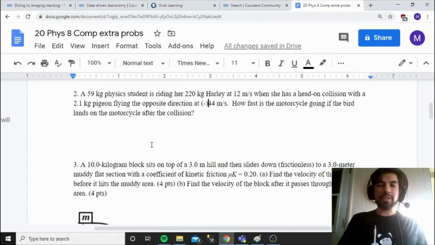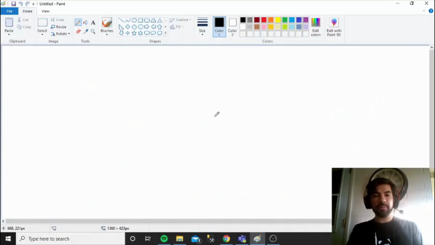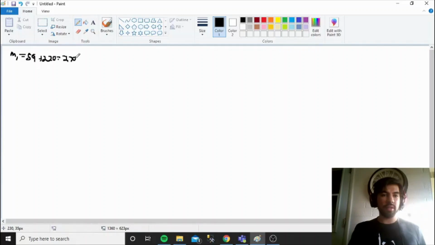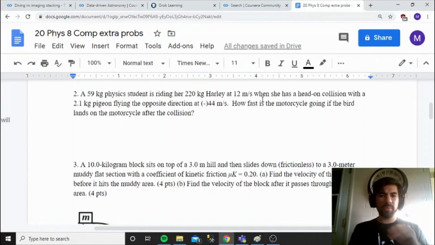All right, so 59 and 220. The mass one is going to be equal to 59 kilograms plus 220. That should be 279 kilograms. And then the initial velocity is 12 meters per second. Again, don't worry about sig figs here.